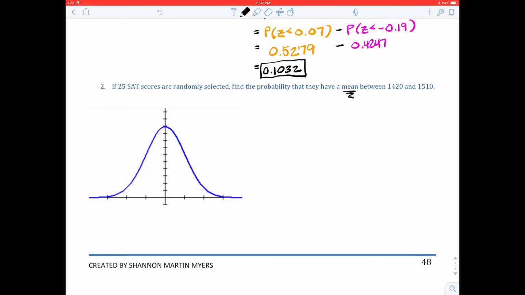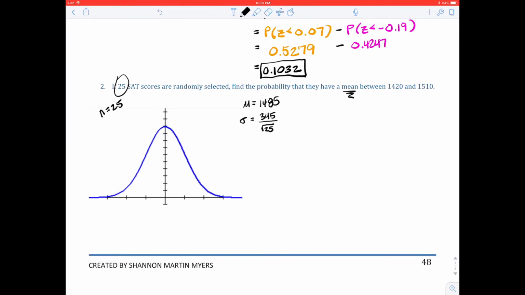So here, again, remember that mu is still going to be equal to, what was that mean? 1485, right? But now sigma is going to be equal to our 345, but we're going to have to divide that by the square root of what? Beautiful, 25, because n equals 25. Okay, so far?